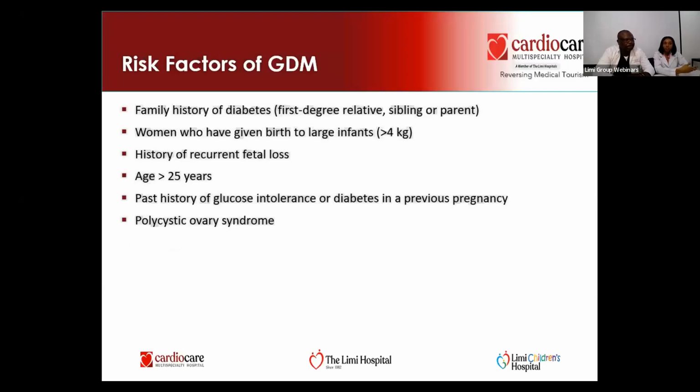There's also history of recurrent fetal loss, that's miscarriages, age greater than 25 years, past history of glucose intolerance or diabetes in a previous pregnancy, and also polycystic ovarian syndrome. Okay, like you said, it's very clear. So when you're taking a history of pregnant patients, please always go back and ask these questions. If there's family history of diabetes, that gives you an insight of what you're looking at.